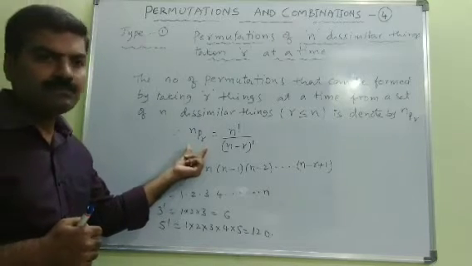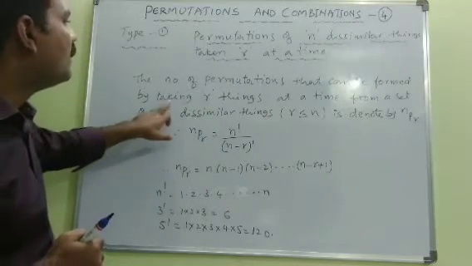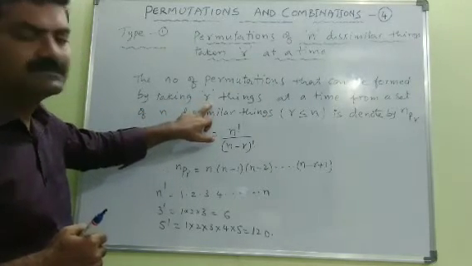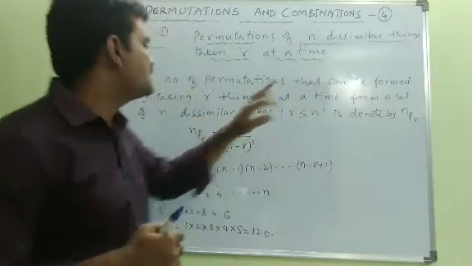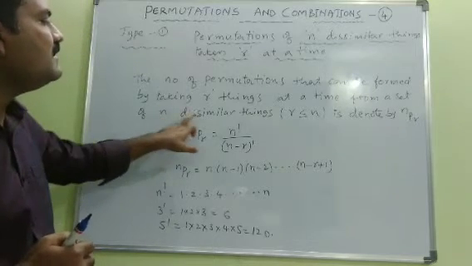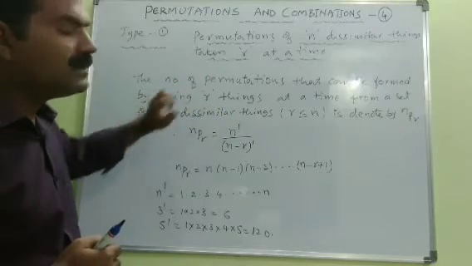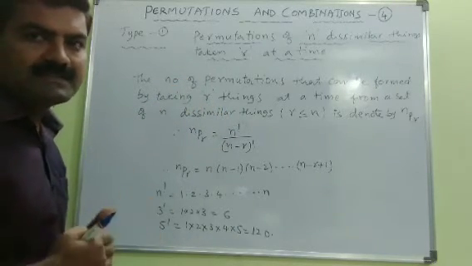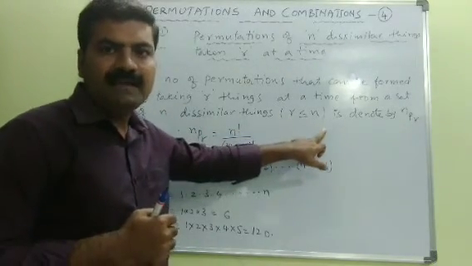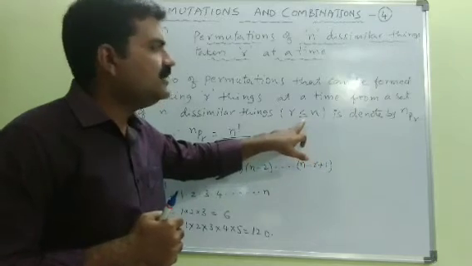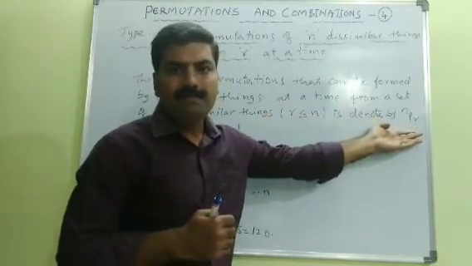So when can we use this formula? nPr is the number of permutations that can be formed by taking r things at a time from a set which contains n dissimilar things, where r should be less than n or equal to n. This way of selection is denoted by nPr.